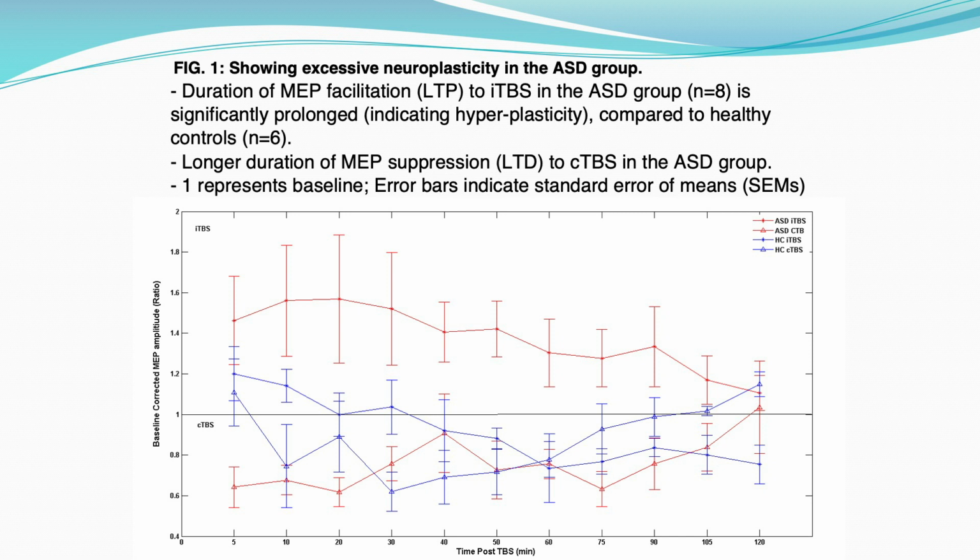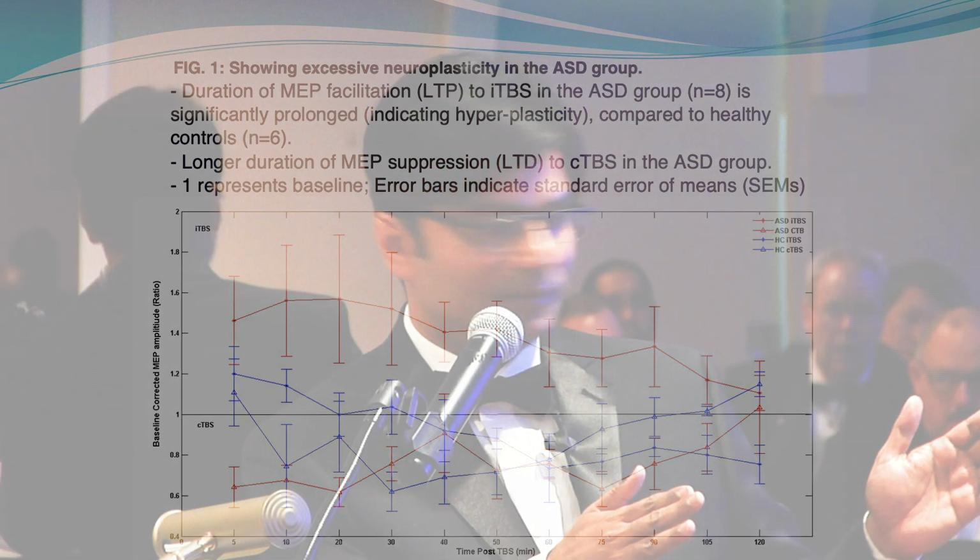Even with 8 subjects, if you concentrate on the top red line, it takes a long time for the facilitation of thumb movement, which is the index of long-term potentiation, to come back to baseline, almost 120 minutes, 2 hours. If you compare the blue line, it is coming back to baseline at around 35 minutes. So it's way prolonged, and a similar thing is happening in the case of cTBS as well. So already with 8 subjects, we are getting an indication that the brain is hyperplastic in autism.